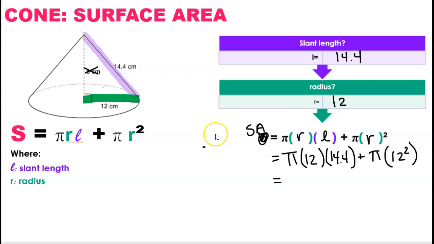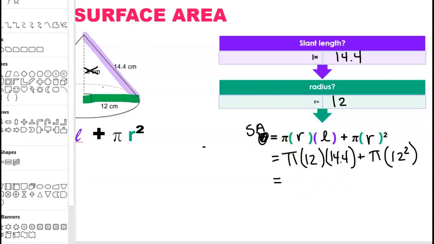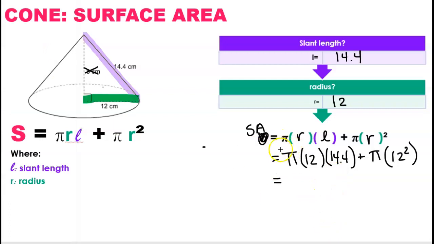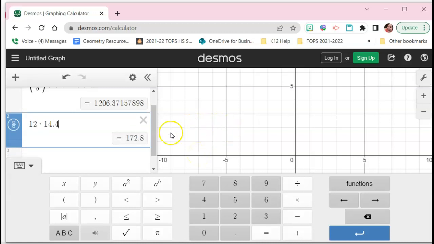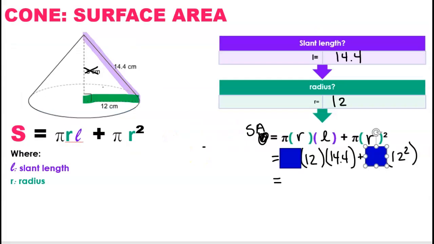Hold on. Okay. I'm going to cover up the pi because I'm going to ignore him, and I'm going to ignore this pi here. So all I'm going to do is 12 times 14.4. And that gets me 172.8.